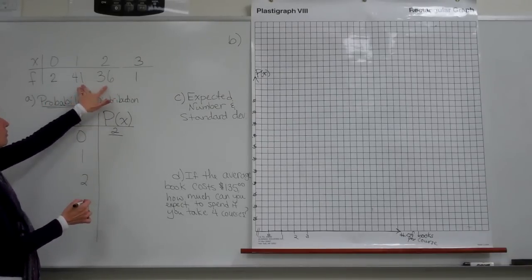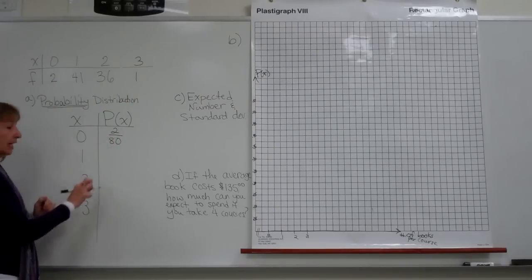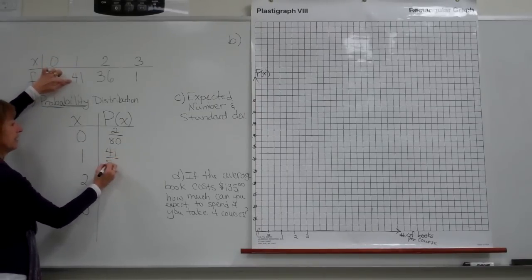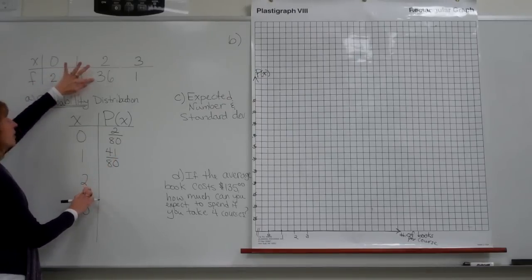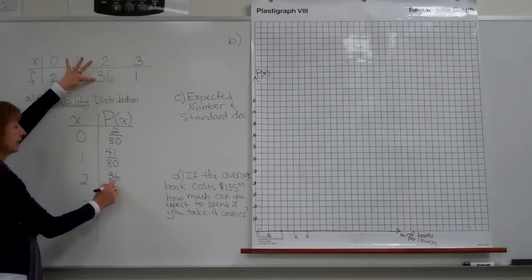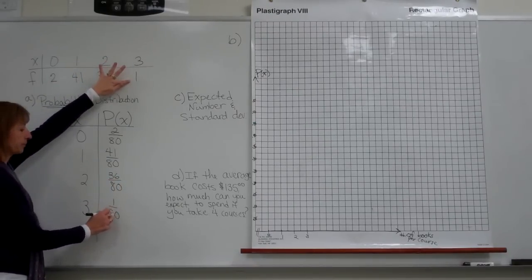So 41 plus 36 is 77, so 78, 79, 80. So 2 out of 80. And then that required 1 book for their course, it's 41 out of 80. That required 2 books, it's 36 out of 80. And then 3 books for their course, it's 1 out of 80.